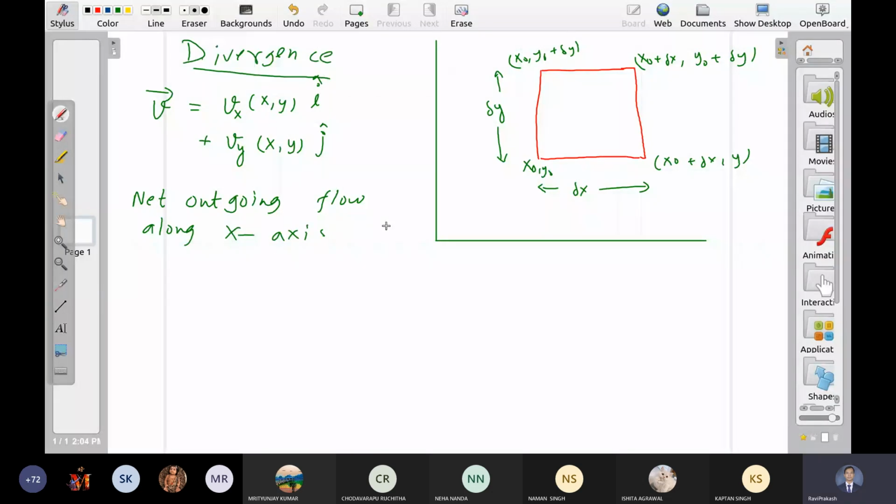Let us say we have some flow vector in this direction. What is the flux passing through this due to the x component, because there is no contribution from the y component? How much is the contribution due to the x component?